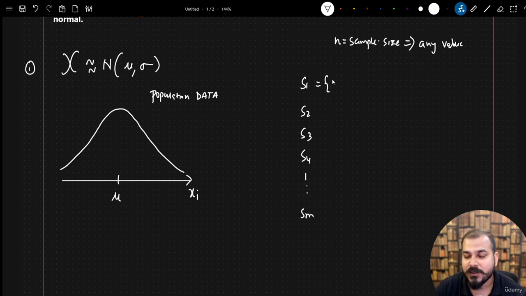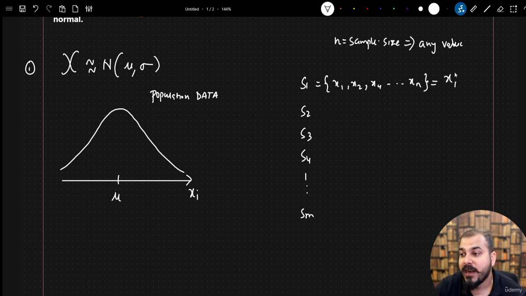So let's consider S1. In this S1, I may select X1, X2, maybe X4. Like this, we are just taking sample data from the population data, and this will finally be Xn, where n is the sample size.